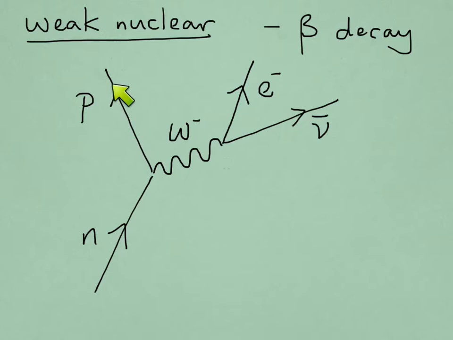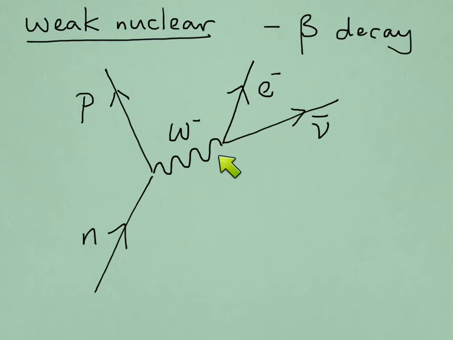So the proton is a baryon as well. So that works. Charge is conserved. We've got neutral going in and a positive and a negative coming out. So positive plus negative is nothing, so that works. So at this junction, charge is conserved and baryon number is conserved.